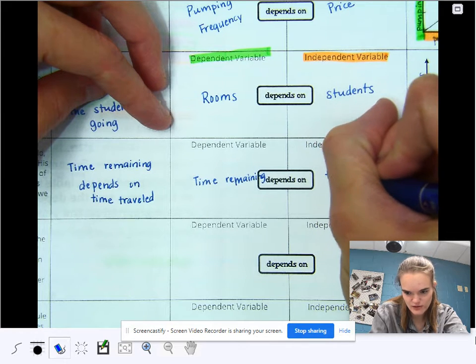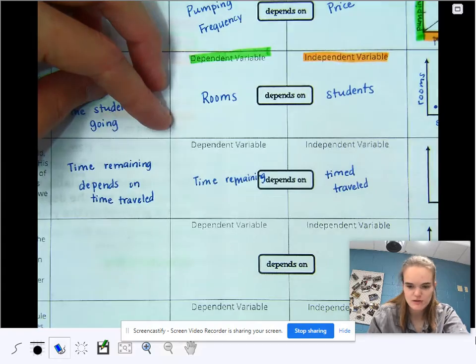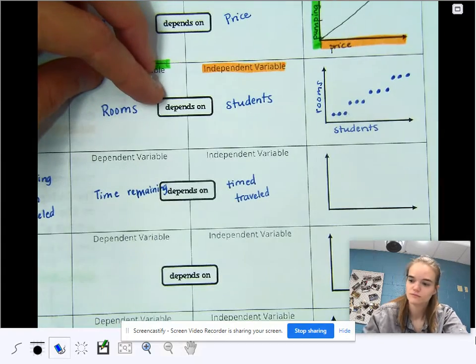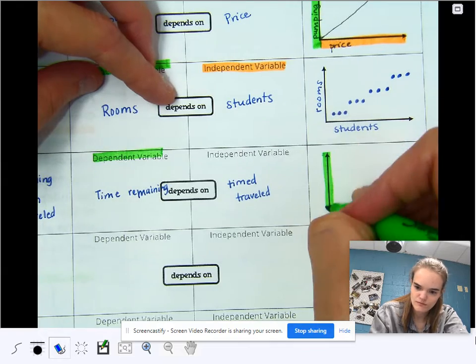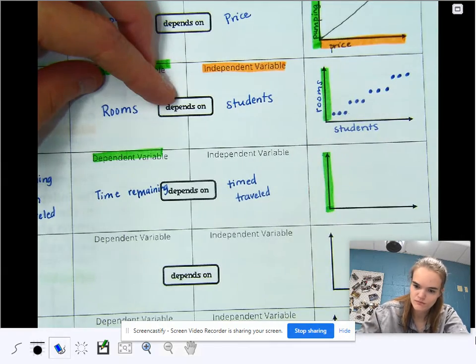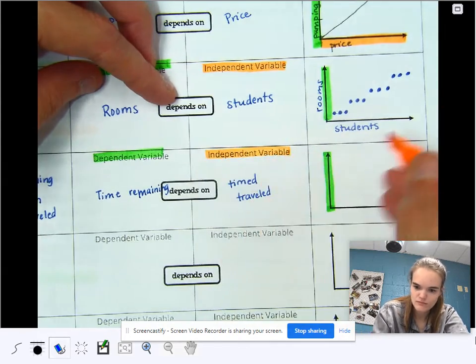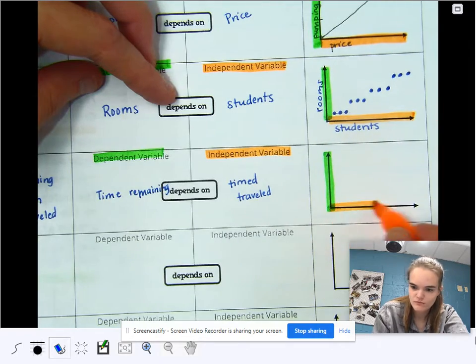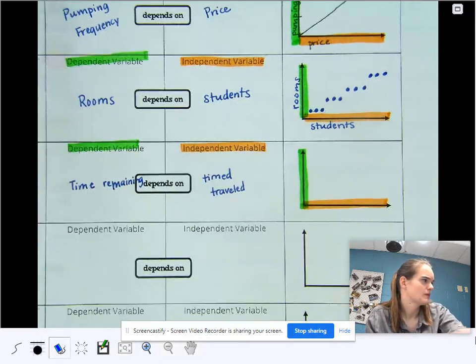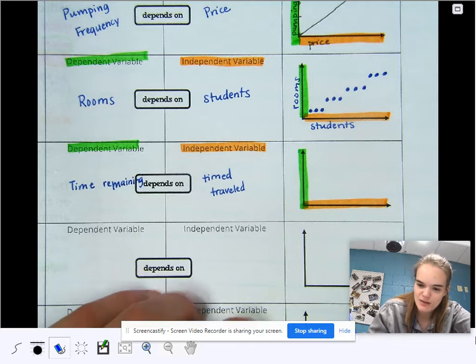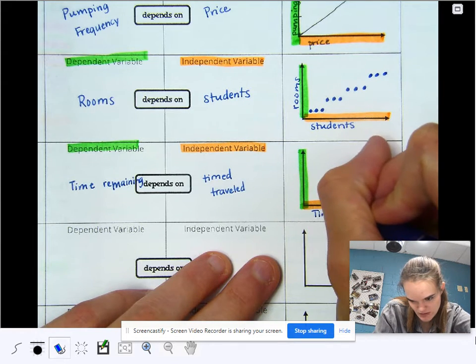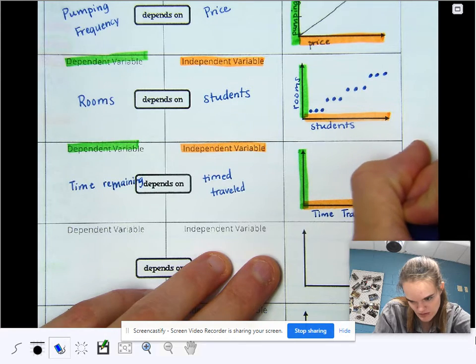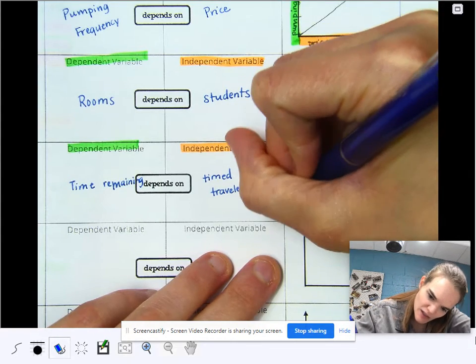And let's graph it. Okay. Time traveled, time remaining.